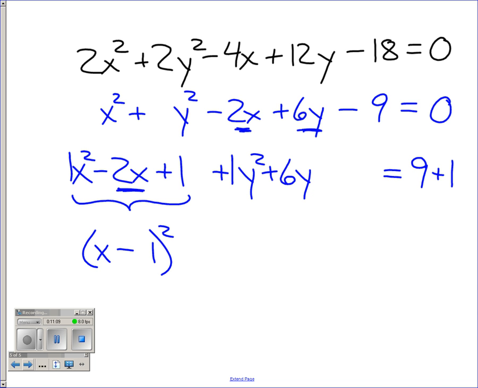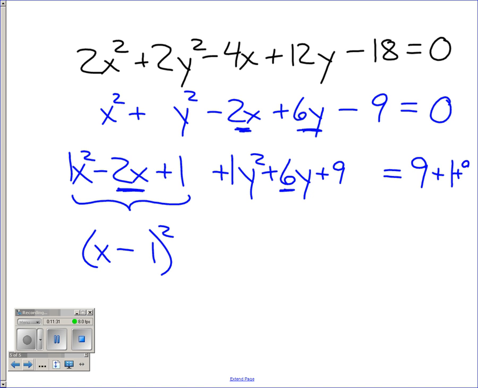Well, now we've got to go through and complete the square for the y terms. Again, my linear coefficient, that number being multiplied by the y, is a 6. I've got to take half of it, which is 3, and then square it. And then add that amount to both sides. So this is going to be 3 squared. That's going to be plus 9 here.